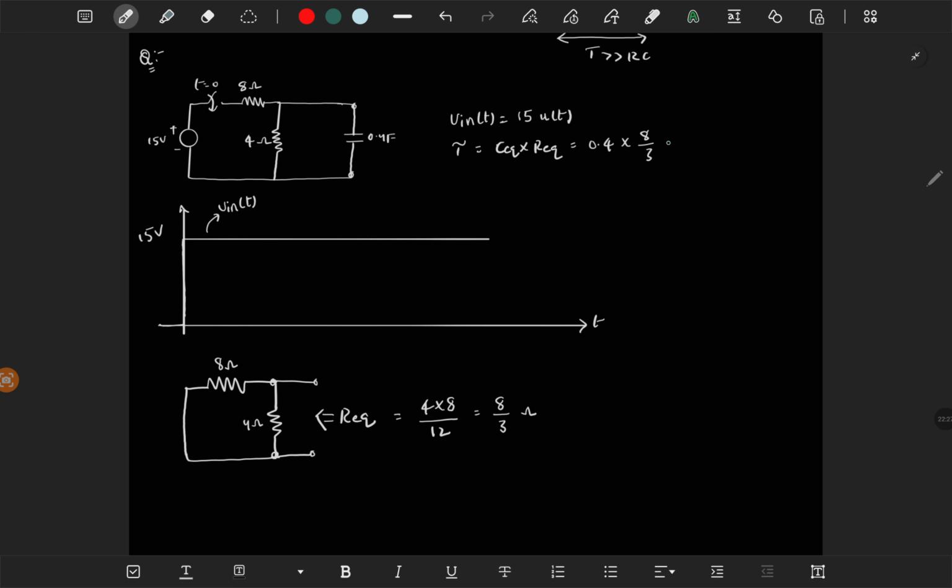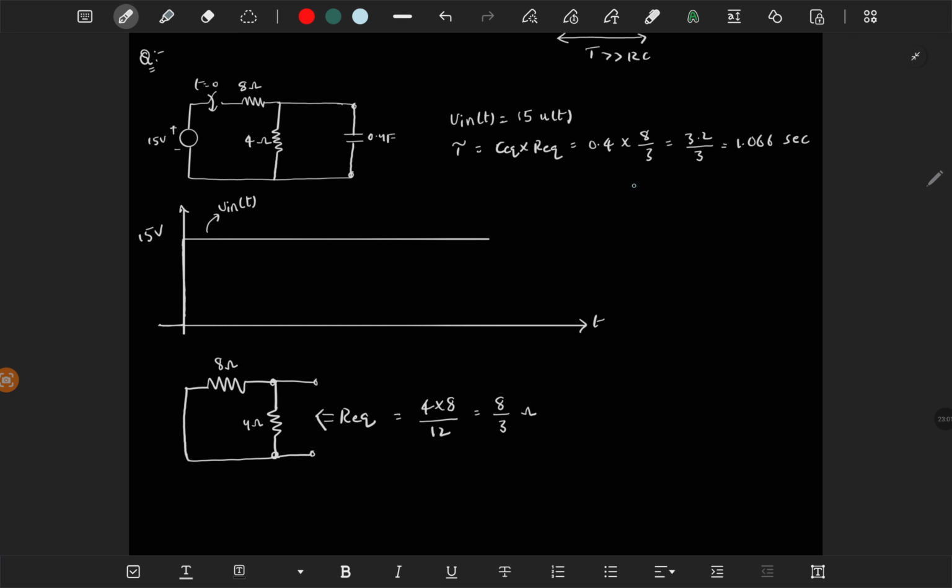So this is 3.2 by 3, which is approximately 1 point something. Let's see. So this is 1.066 seconds.